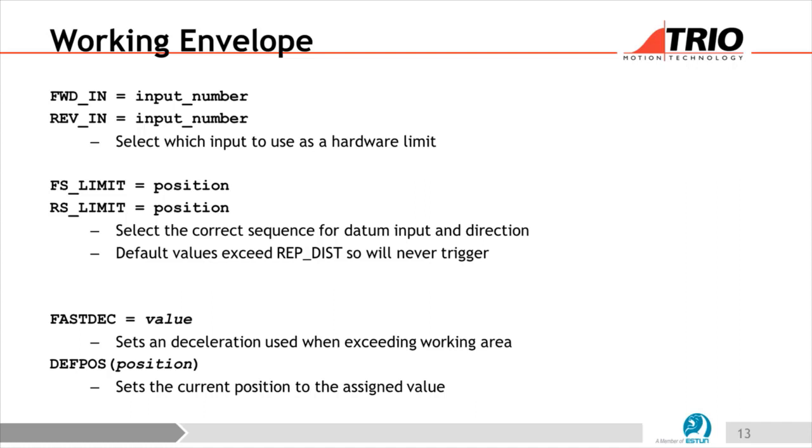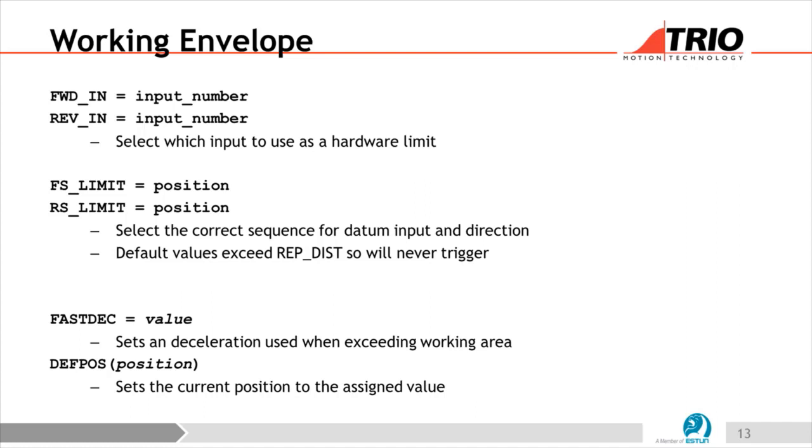Selecting the correct sequence for datum input and direction. Default values exceed wrap this, so it will never trigger. We will come back to this command later. If you put a wrap this in a program, it will repeat the motion again in the same distance, so it will never trigger the hardware limits. Okay.